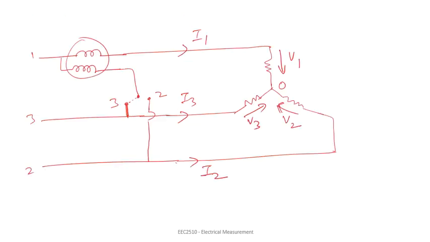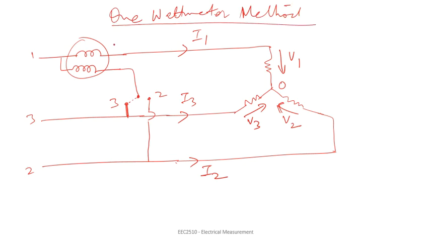Now next consider the last method of three phase power measurement, and that is the 1 wattmeter method. In this method we require only 1 wattmeter for measuring the three phase power. The circuit is as shown here.